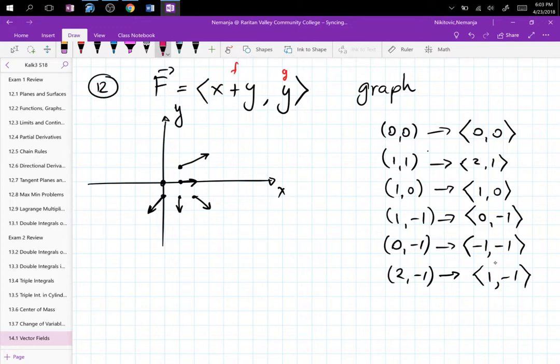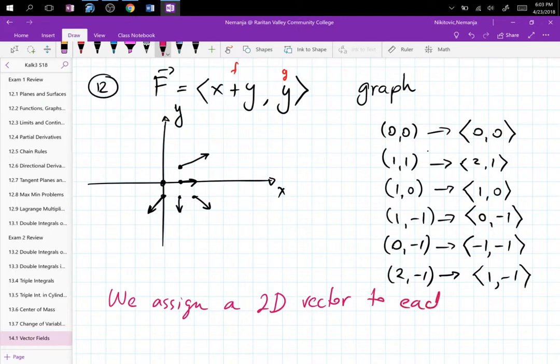So in other words, we assign a 2D vector to each point in R2.